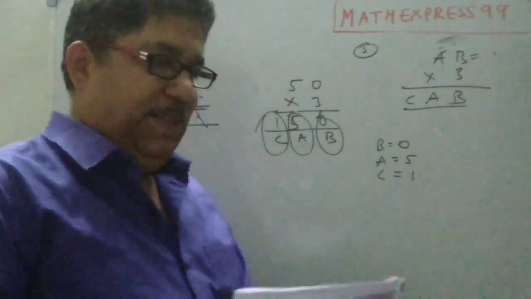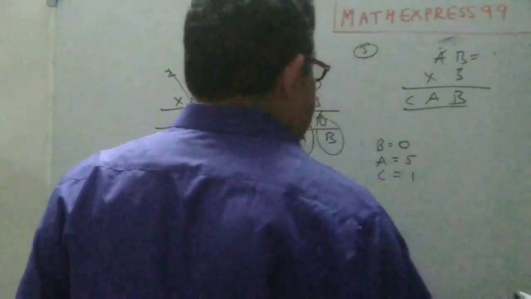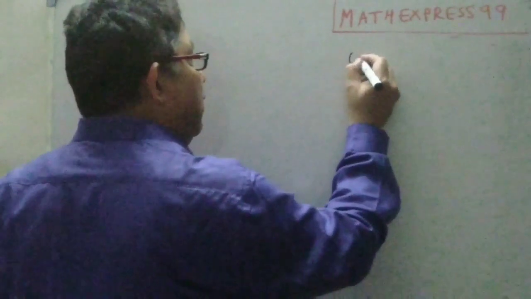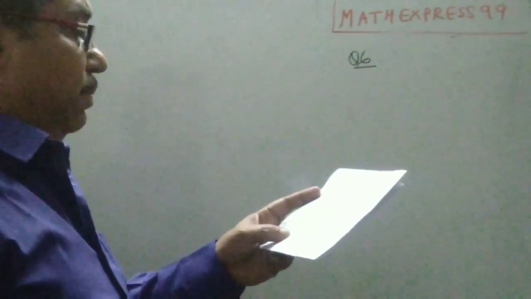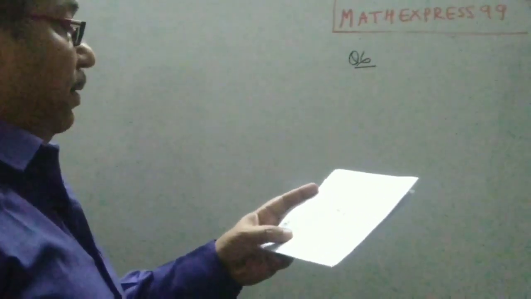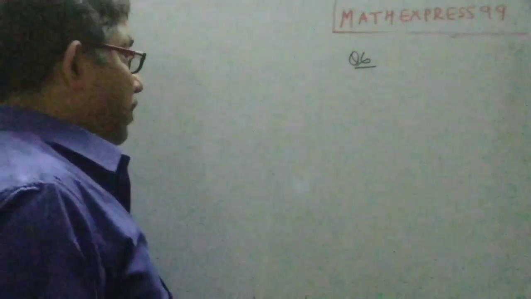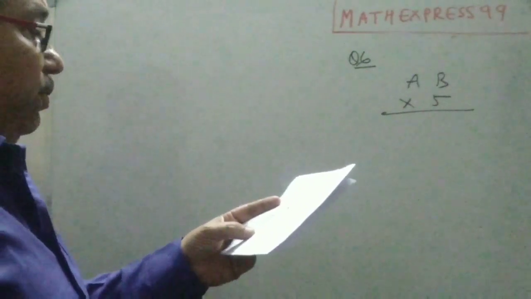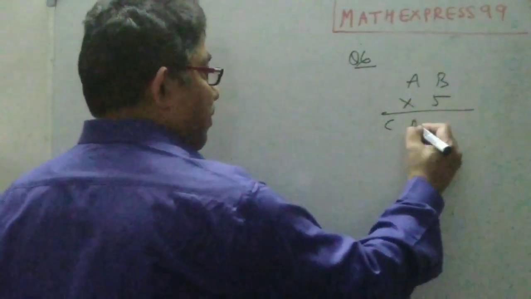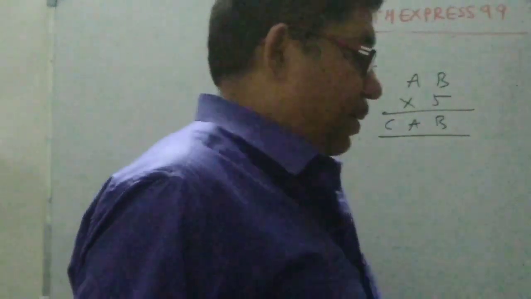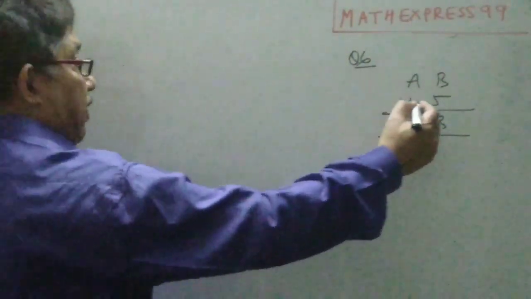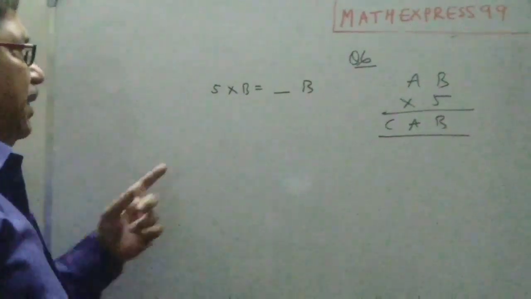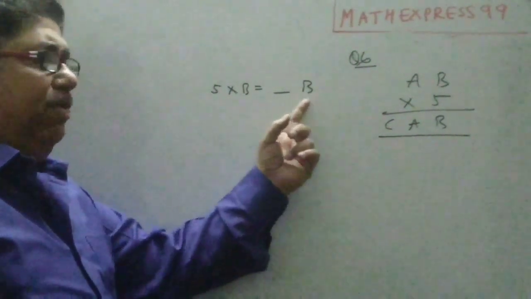Let us come to question number 6. AB into 5 is equal to CAB. 5 into B should give me a number which ends in B. It could be 15, 25, I mean whatever.